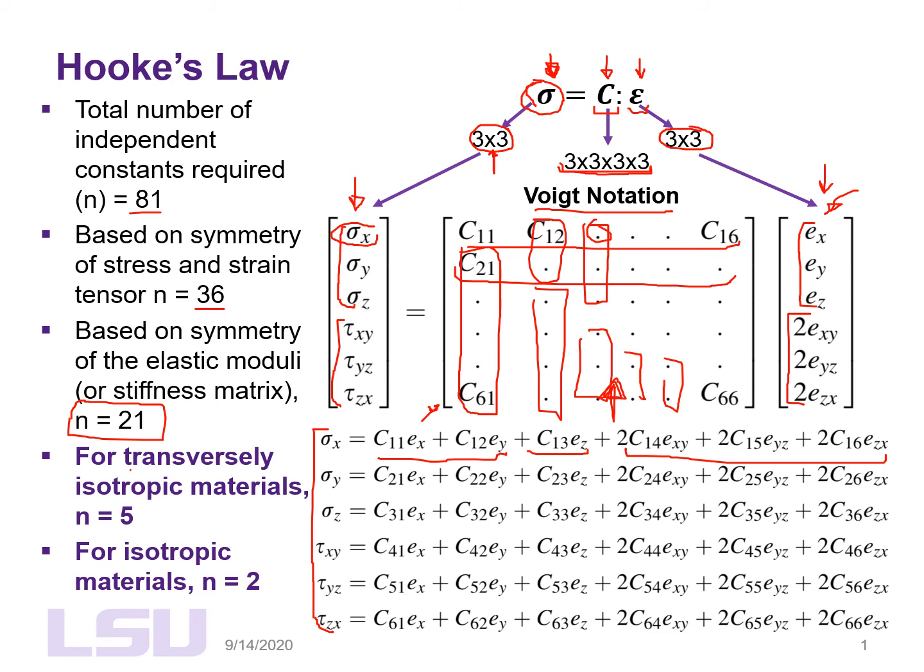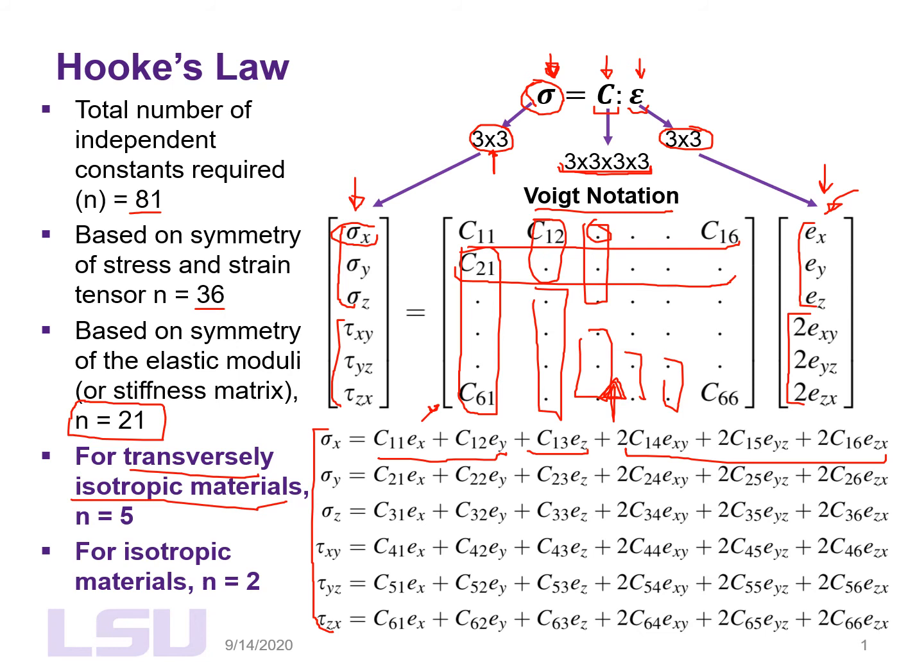What about transversely isotropic systems? That means there is an axis of symmetry, and that axis of symmetry is the z-axis, right? Because if you rotate the stress tensor along the z-axis, meaning you are moving the x and the y in any direction, the material properties are the same.